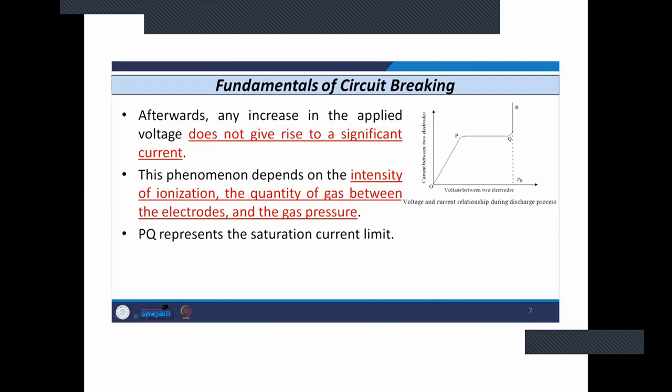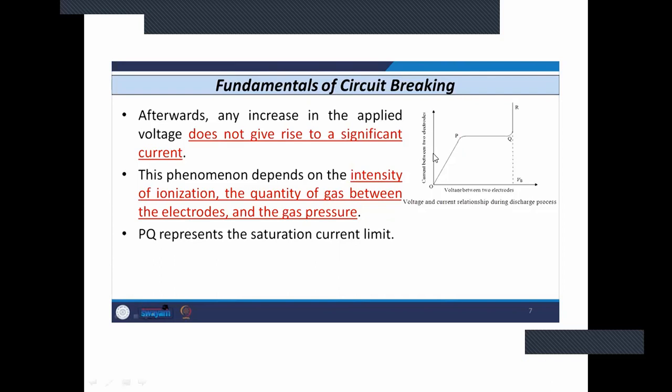The greater the mass, the greater the momentum, and when these ions strike the cathode with high momentum, what will happen? It will knock out more electrons from the cathode itself. So secondary ionization occurs. Okay, by this way we will have a saturation of the current.